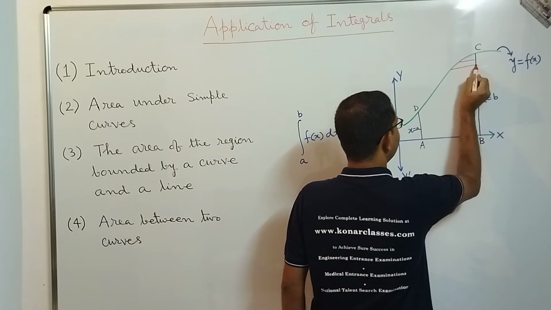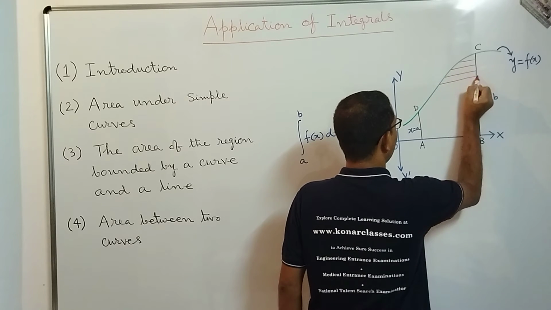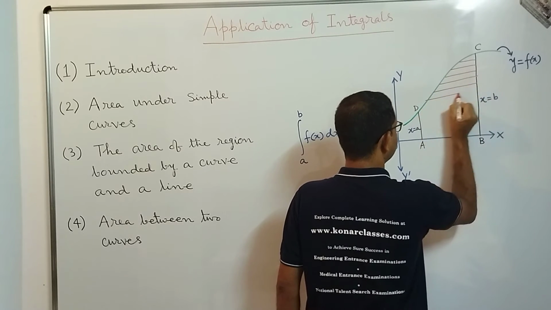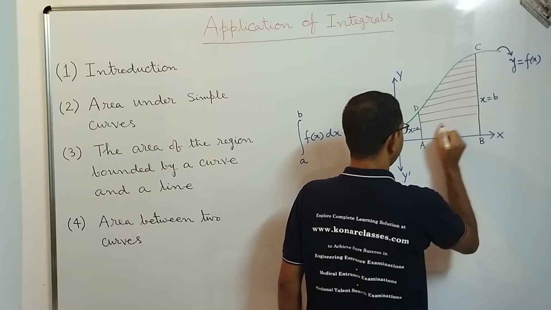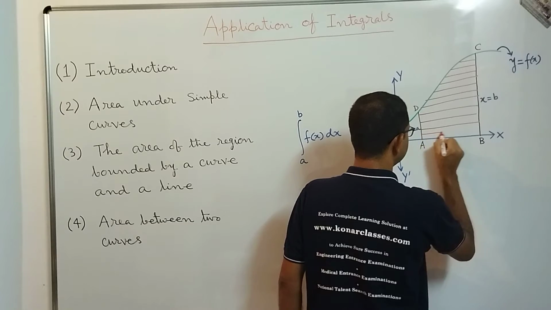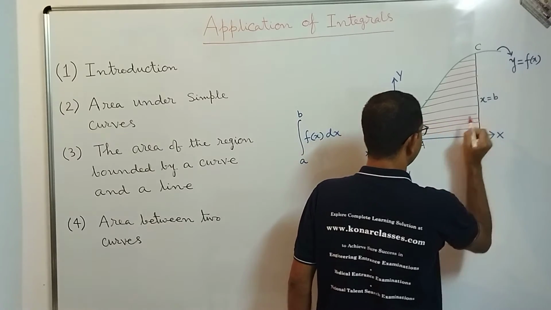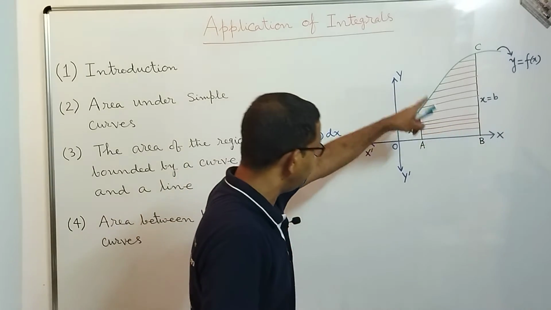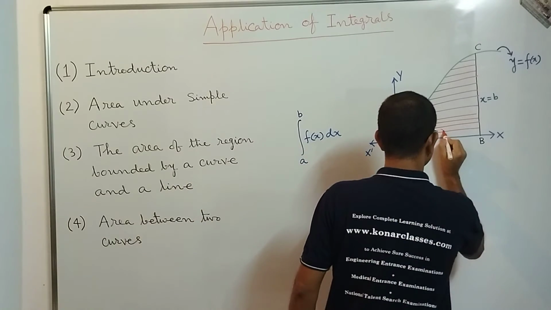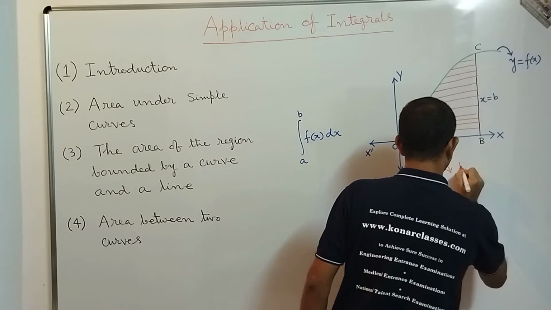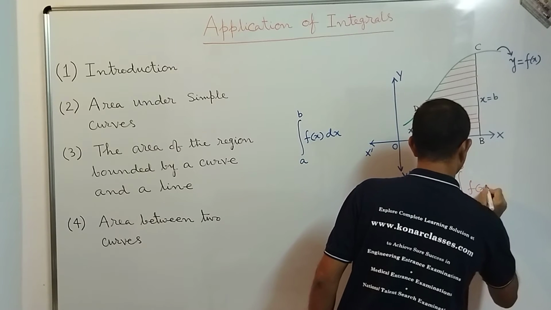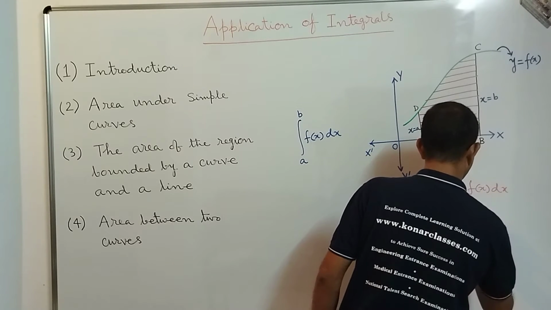This is the area I am marking in red color. And what we learned during the evaluation of the definite integral using the first principle is that the area of this region is nothing but the value of the integration from a to b of f(x) dx.